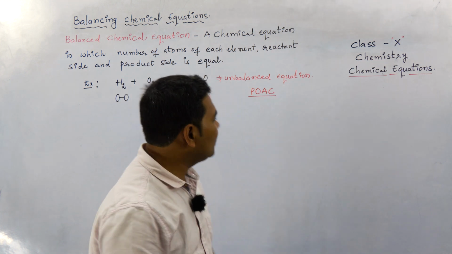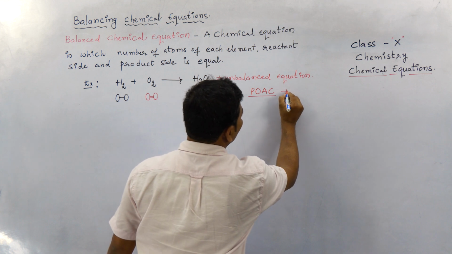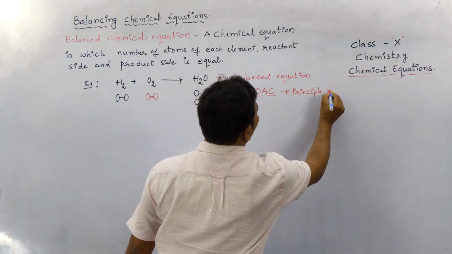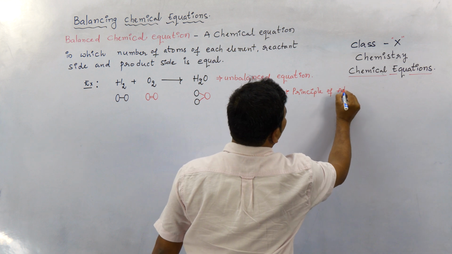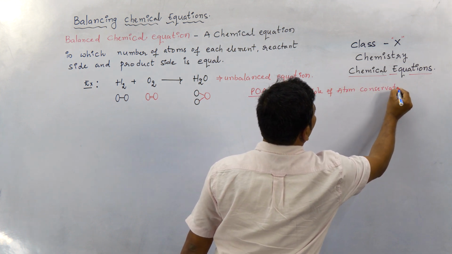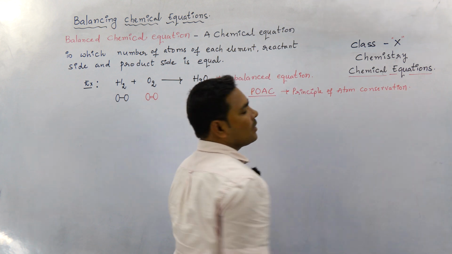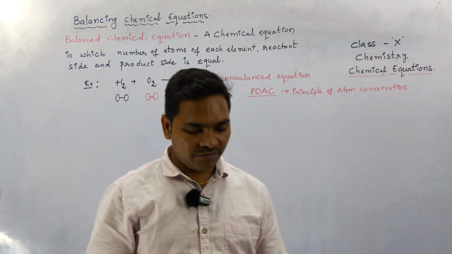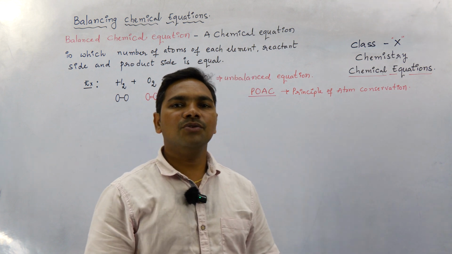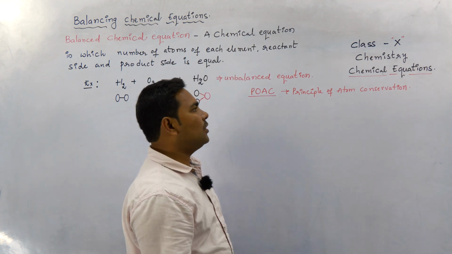Let me write the full name. It is the principle of atom conservation. This is, we can say, an outcome of the law of conservation of mass, because mass is because of atoms. So when atoms are equal, masses are also equal.